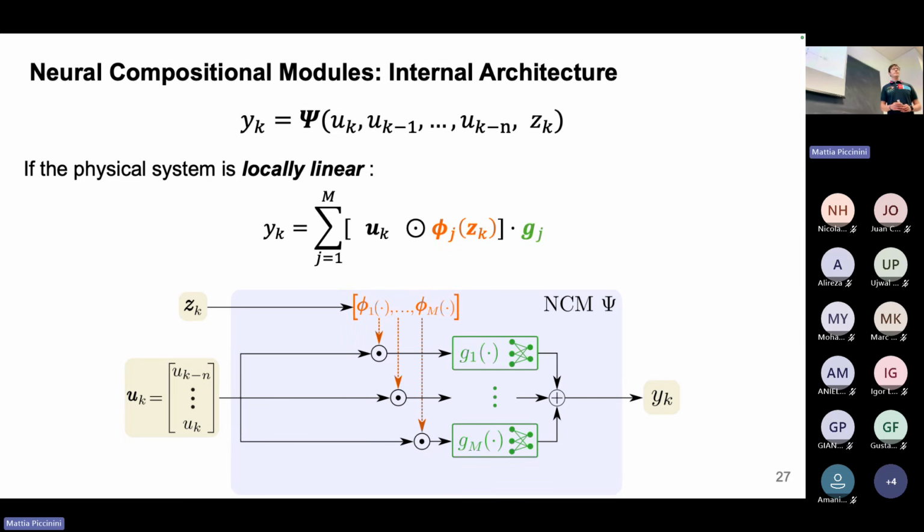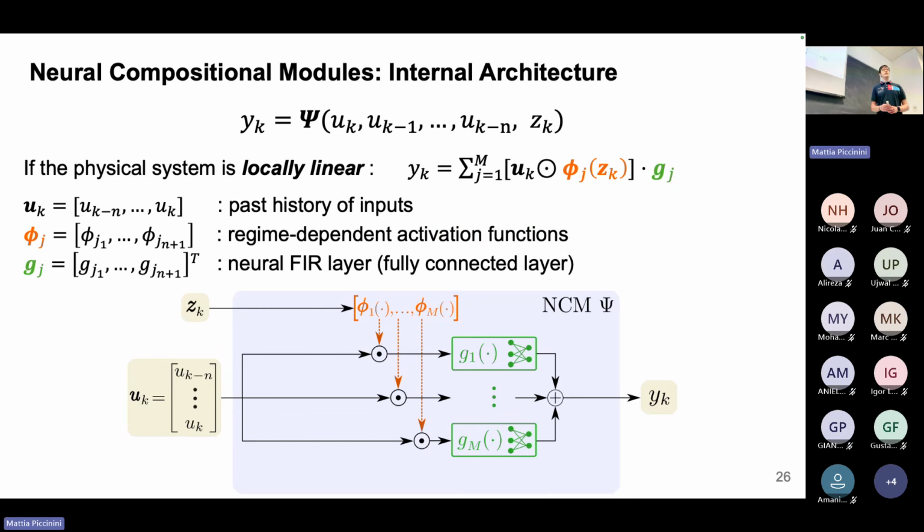Okay, questions? Yes. Basically, this is very similar to interactive multiple models. Exactly. Yeah, it's related. Yes. But you can learn part of the. Exactly. Yes. So maybe towards the end or tomorrow, I will also show you a parallel with the adaptive neurofuzzy models and other also interactive models.